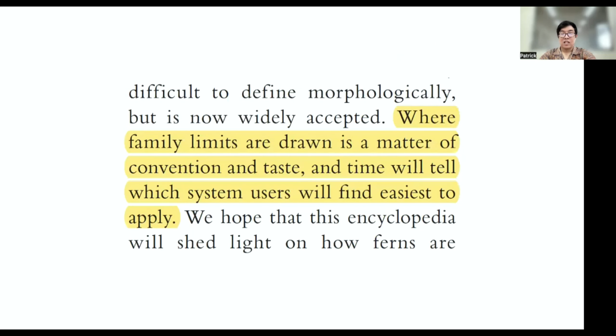Nevertheless, as Christenhusz 2017 said, where family limits are drawn is a matter of convention and taste. And time will tell which system users will find easiest to apply, which is true not just in systematics but also in other fields of science where results do take time to be widely accepted.